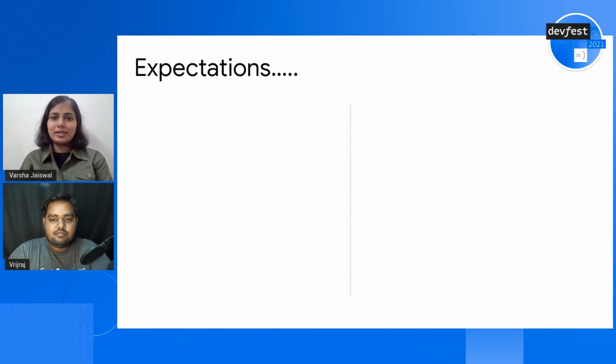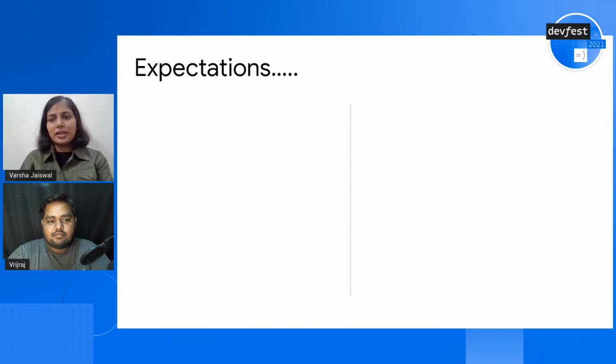So before moving ahead, I'm just talking about a few things which you'll be able to relate to further. Let's say I am visiting any website. I am not naming it right now, but there are certain expectations from a user, right?